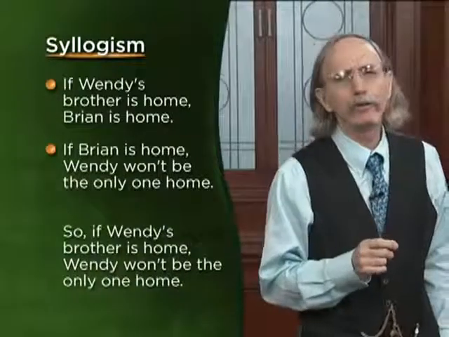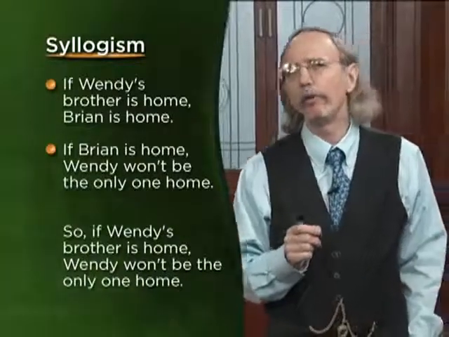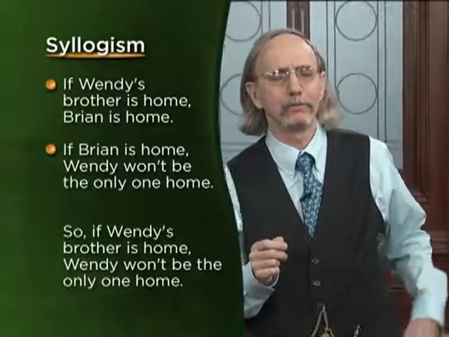So, if Wendy's brother is home, Wendy won't be the only one home. But that's obvious. I knew that already. I wanted ironclad, airtight, valid reasoning that would give me some genuinely new information. But whenever it was airtight, that kind of reasoning never seemed to give me anything new. I found that very disappointing when I was 5. Maybe I'm still a little disappointed.